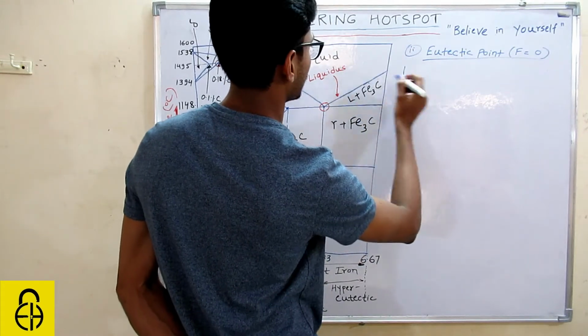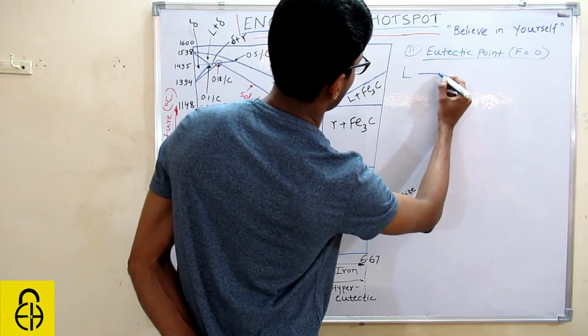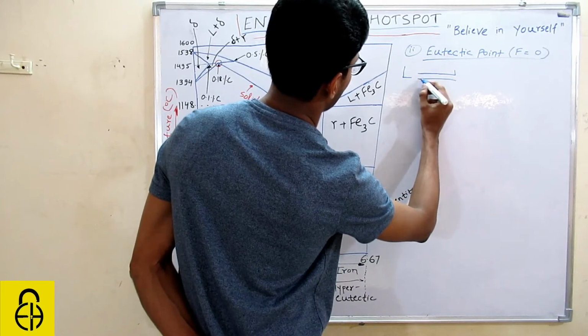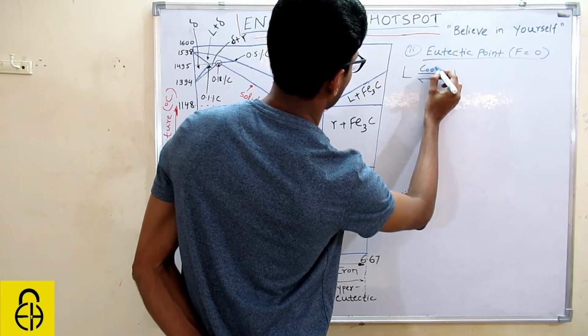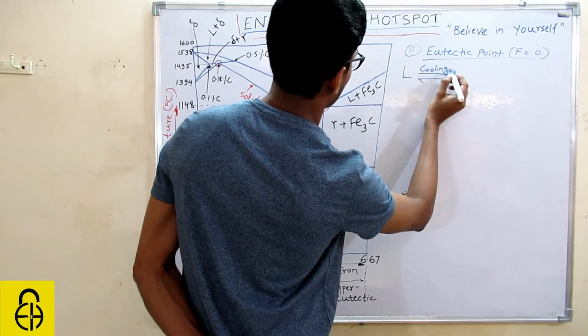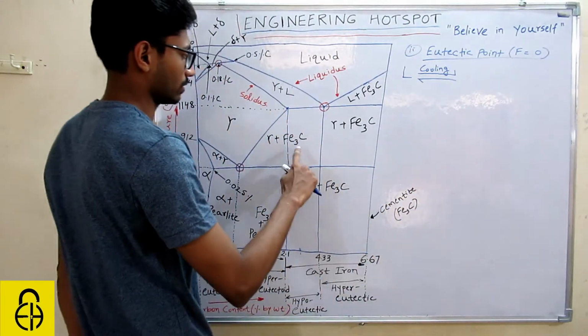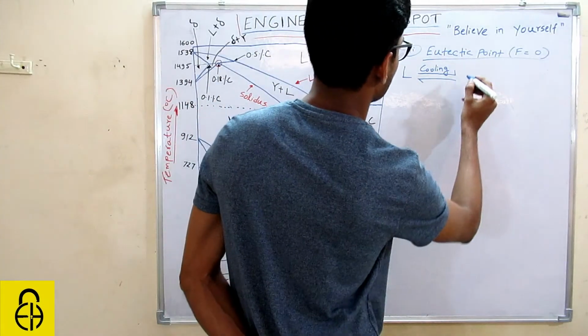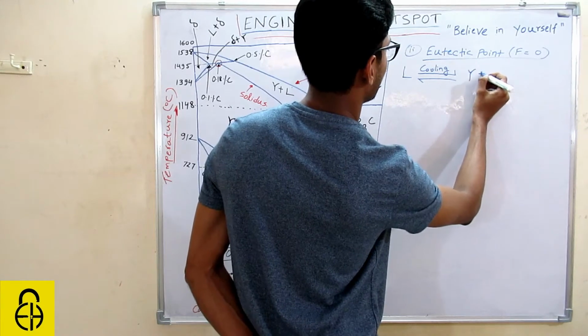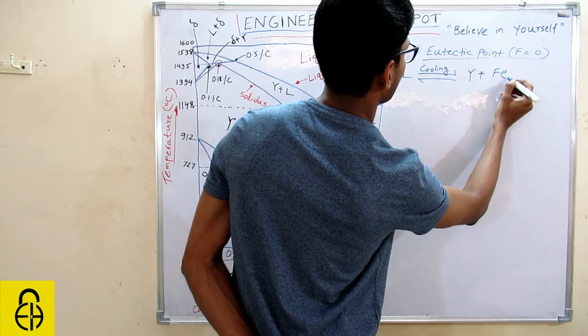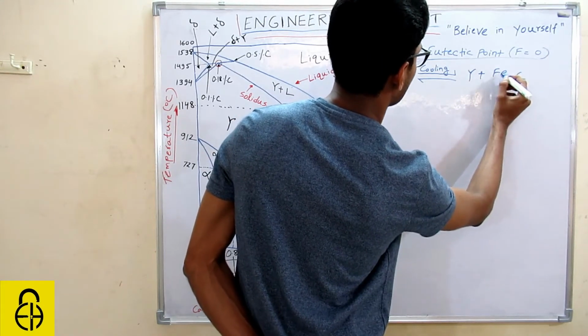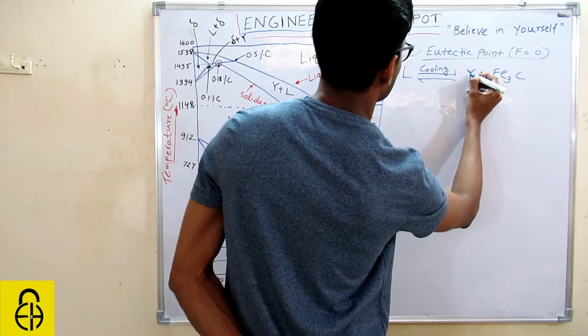This liquid will change into gamma and Fe3C, so gamma plus Fe3C. This is austenite.